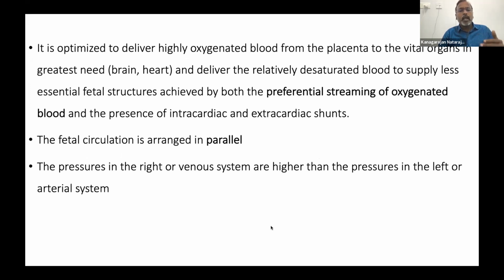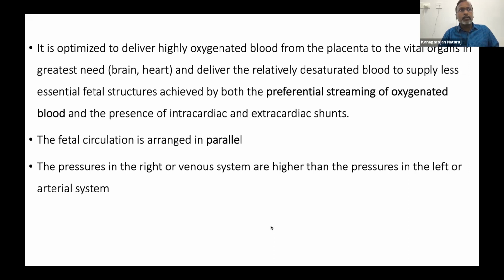That is, the brain and heart receive relatively highly saturated blood, while the lower body receives relatively desaturated blood. This is because of the preferential streaming of the oxygenated blood and the presence of intracardiac and extracardiac shunts. And remember, this circulation is parallel, not in series.